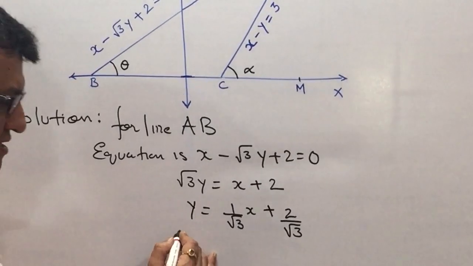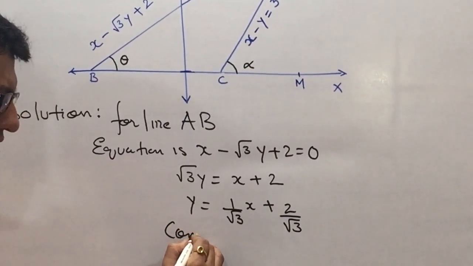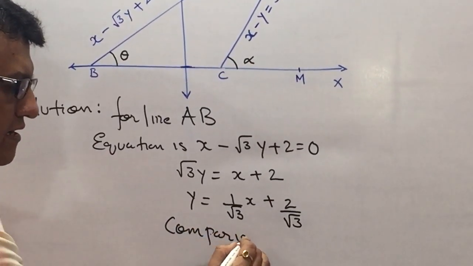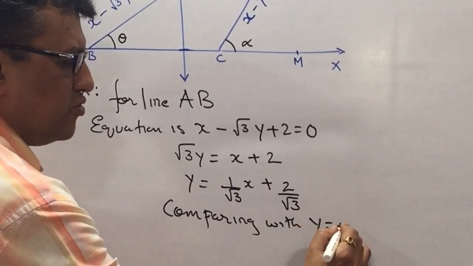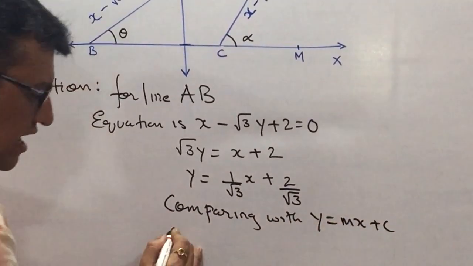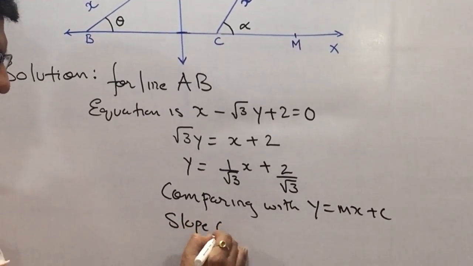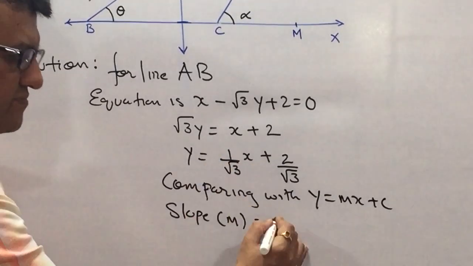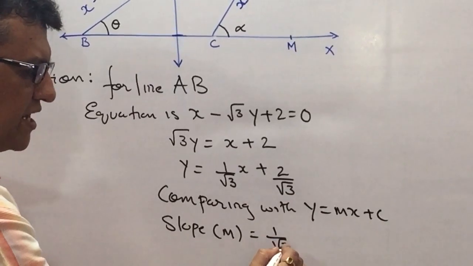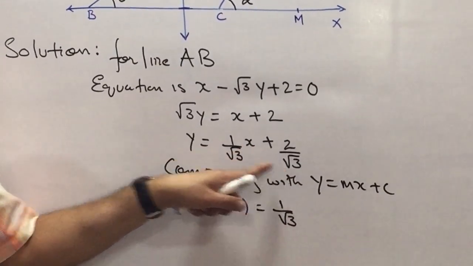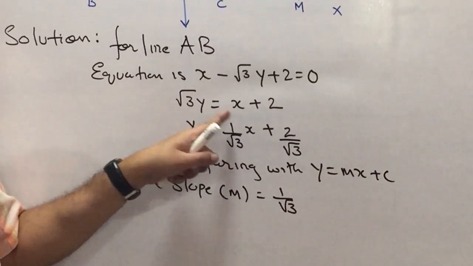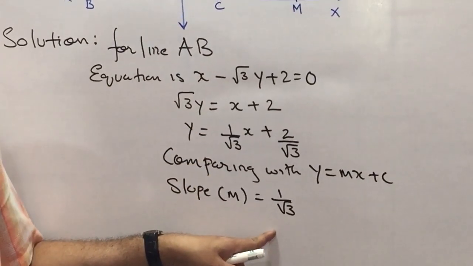Now we'll compare with y equals mx plus c. Our slope m turns out to be 1 by root 3. Children, m turns out to be 1 by root 3, which is slope.